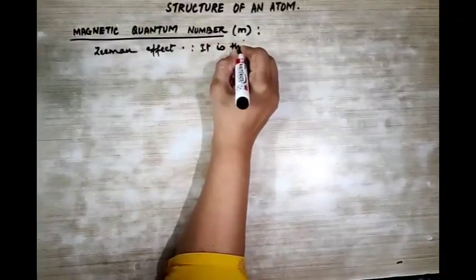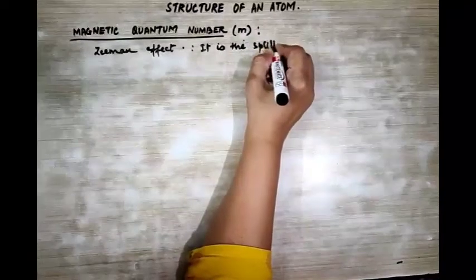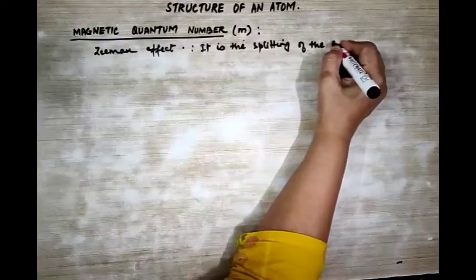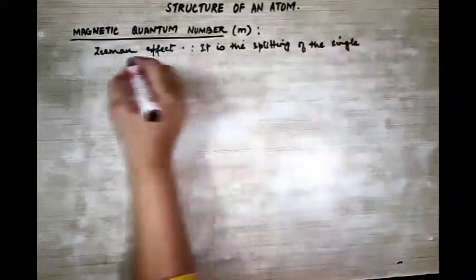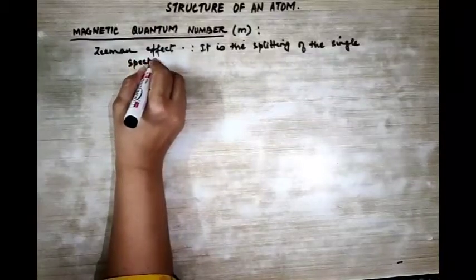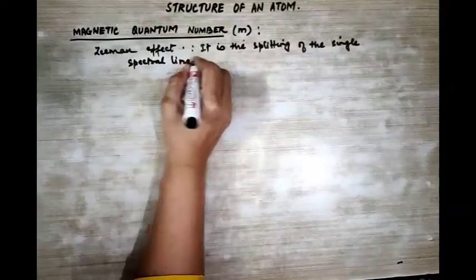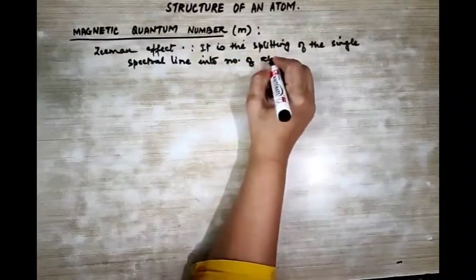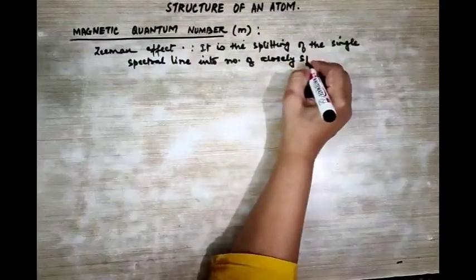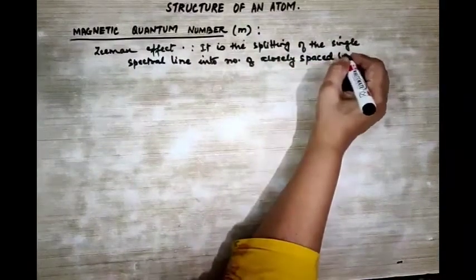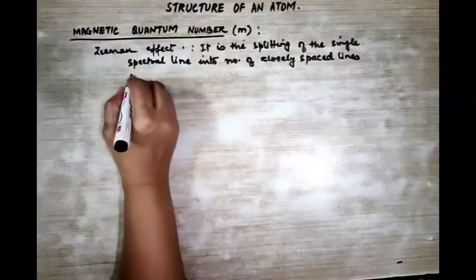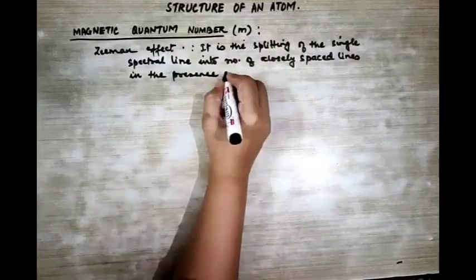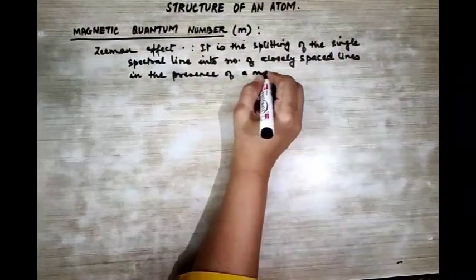It is the splitting of a single spectral line into a number of closely spaced lines in the presence of a magnetic field.